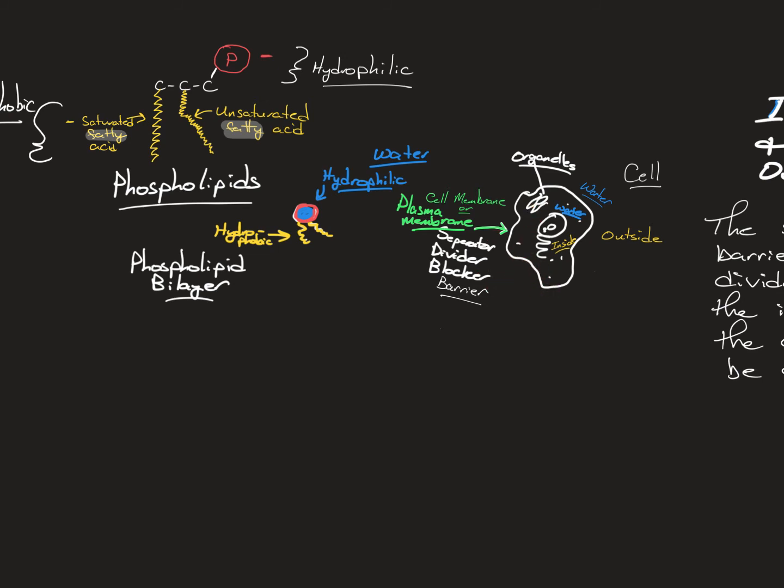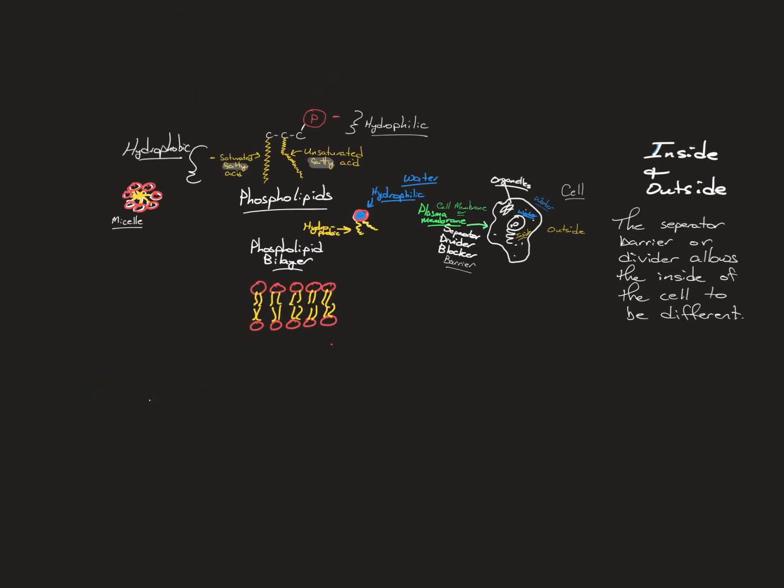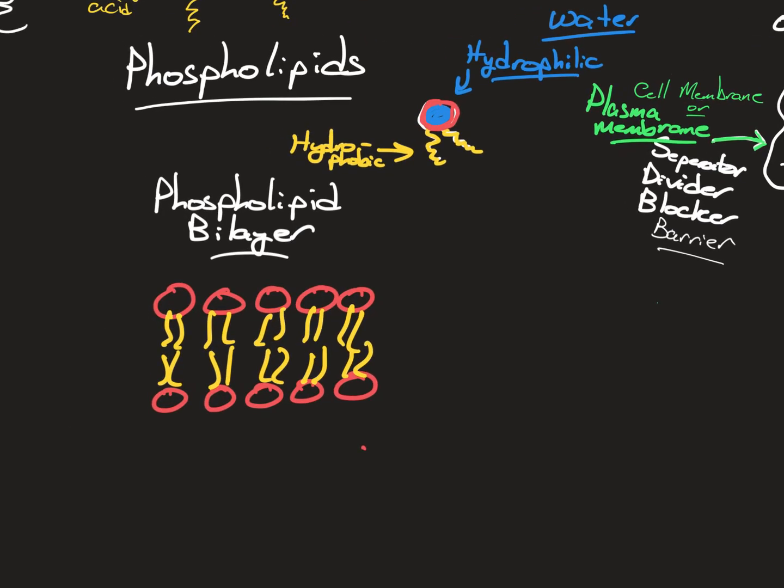So when we look at this, these are not made of phospholipids, they're made of a phospholipid bilayer. A bilayer. And what the bilayer looks like is this. There's 2 layers of phospholipids.